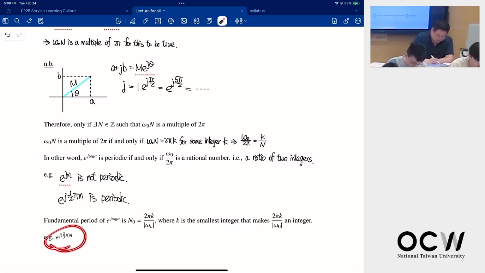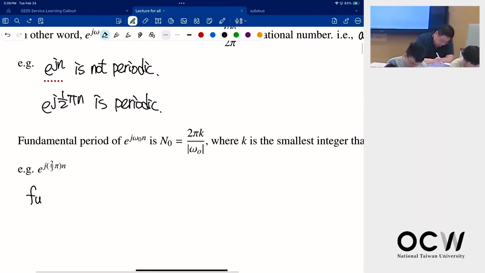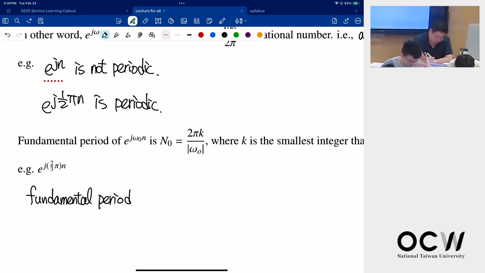For example, e to the j 2 pi over 3, and what is the fundamental period? The fundamental period should be 2 pi over 3 divided by 2 pi.